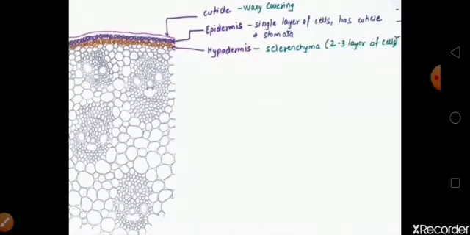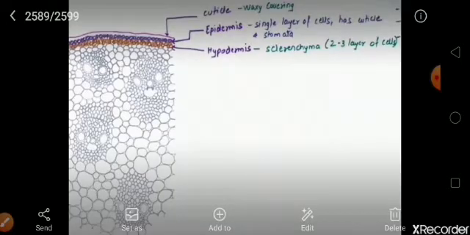Already we have said that cuticle is present on the top of the epidermis. The next layer is called the hypodermis. The hypodermis is made up of specialized cells called sclerenchyma cells. About 2 to 3 layers of cells are here in the hypodermis.